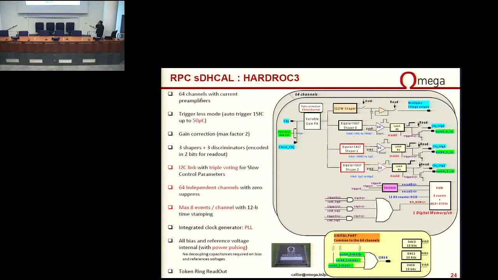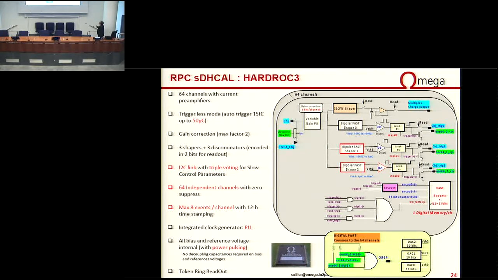The last chip which was designed for this ILD detector is HardRoc, which was developed for the HCAL. The front end looks similar, just the architecture is different. We have a variable gain preamplifier, which is followed by 3 fast shapers, which have different gains and which address different dynamic ranges.